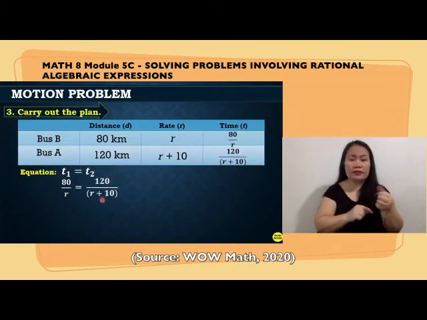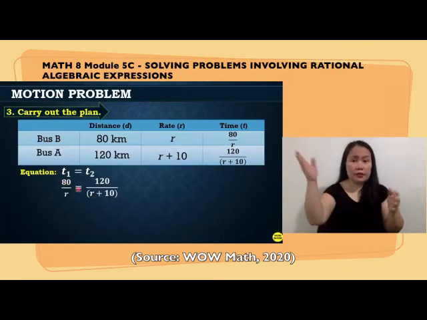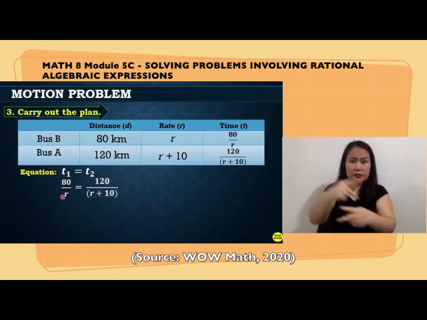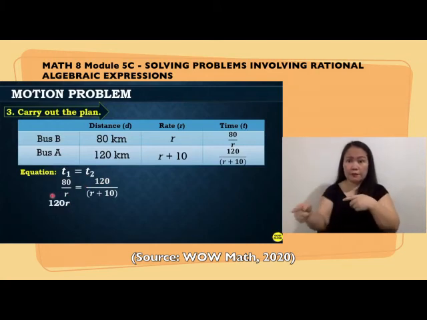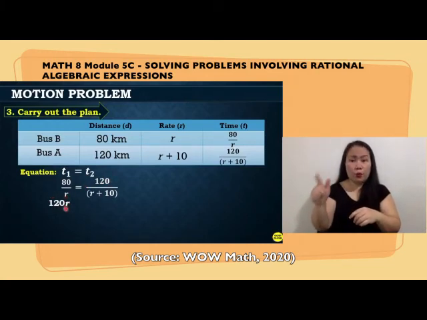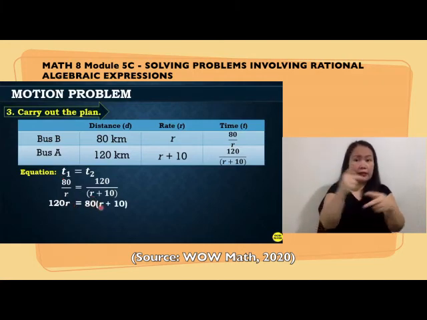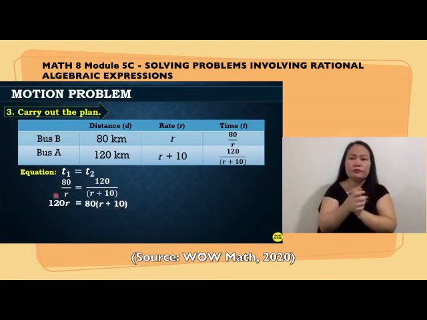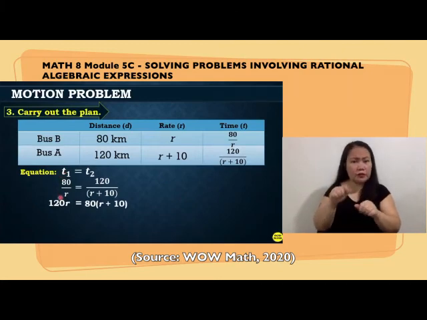Now, pwede itong i-times mo, si 80 times R plus 10, and then 120 times R. So, we will have now 120 times the rate is equal to 80 times the quantity of R plus 10. Or pwede ka namang gumamit din ng LCD, kagaya ng ginawa natin dun sa previous solutions natin sa ibang problem. So, the LCD here is R times R plus 10. Pwede kang gumamit ng cancellation dito using the LCD.